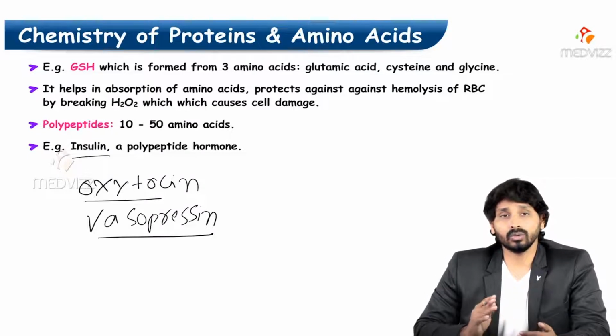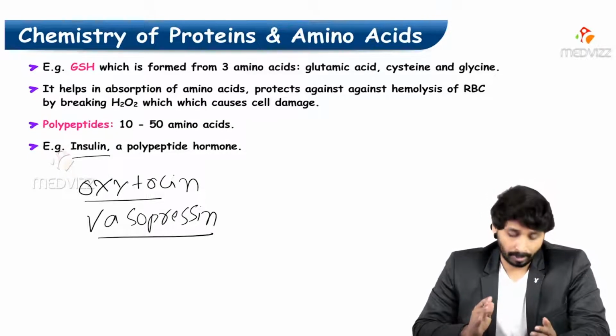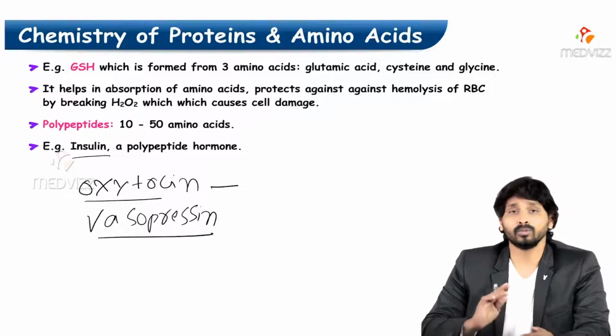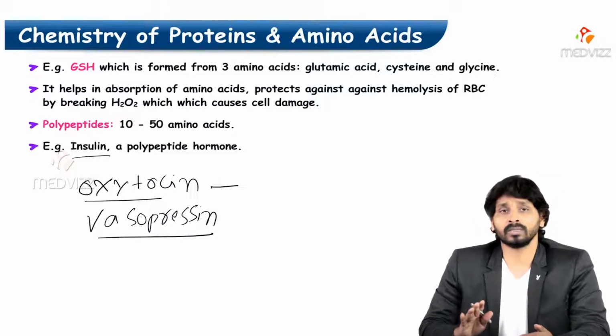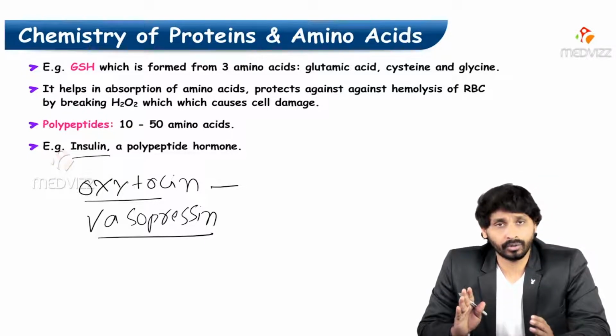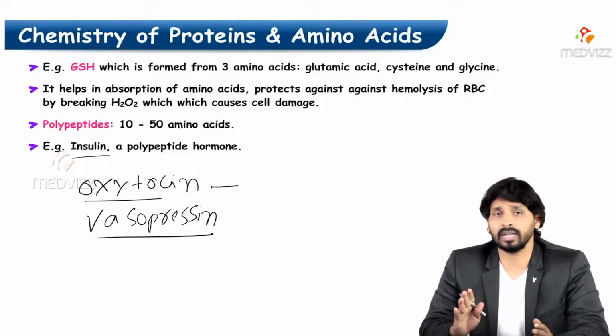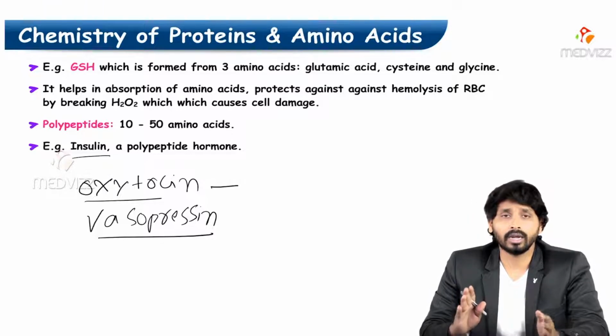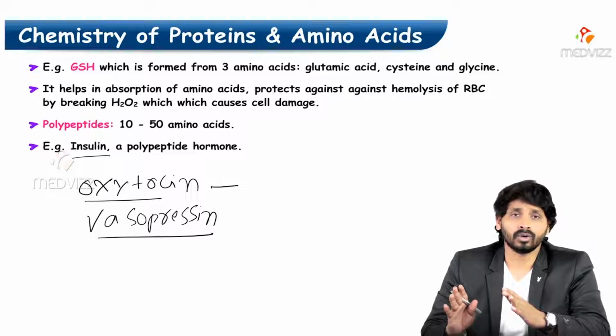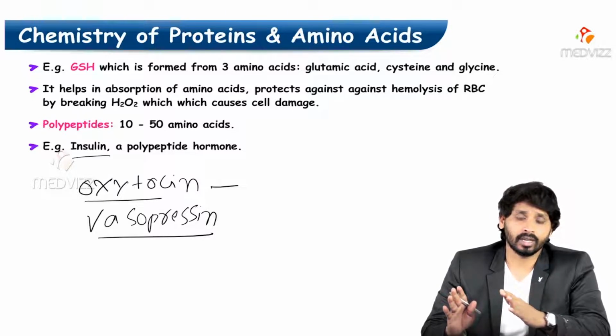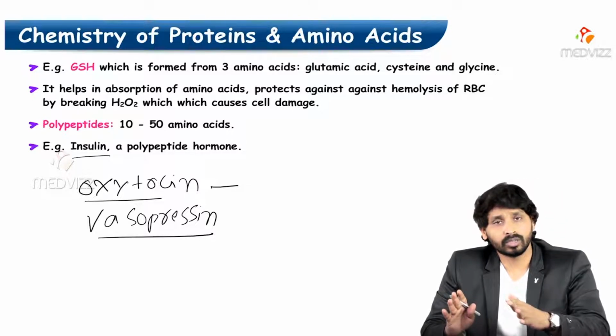What is the use of these peptides? Oxytocin is for smooth muscle contraction, especially in uterine muscles and in the mammary glands, for ejection of milk and smooth labor. During delivery, they inject oxytocin.